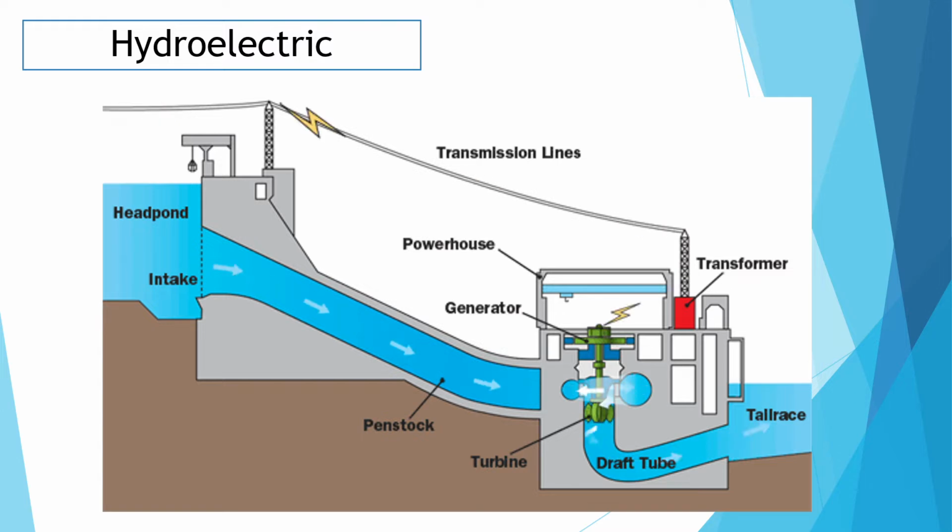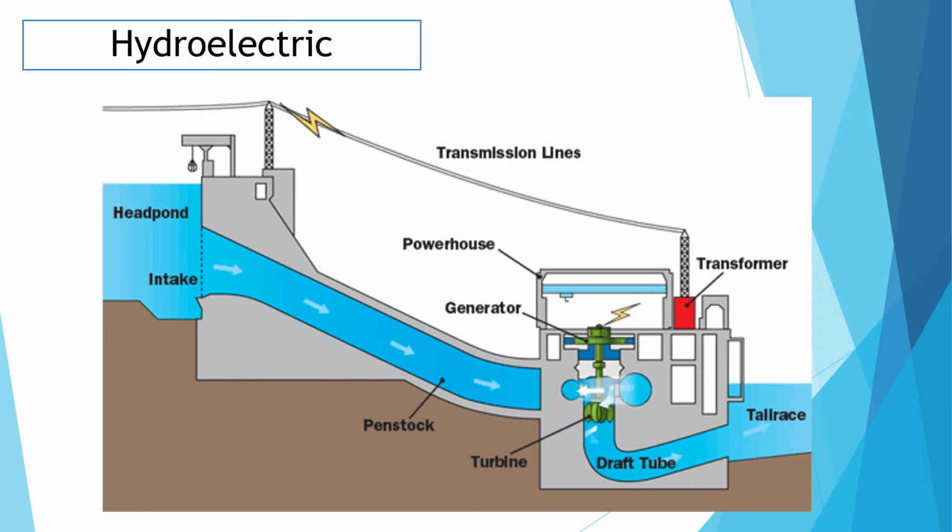You can't just take water and make electricity from it. What you use from the water is the kinetic energy source. So you're using moving water. This moving water will move a turbine. This is an equipment called a turbine. The turbine will rotate when the water moves.